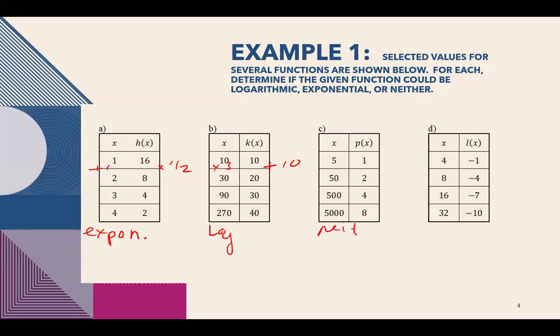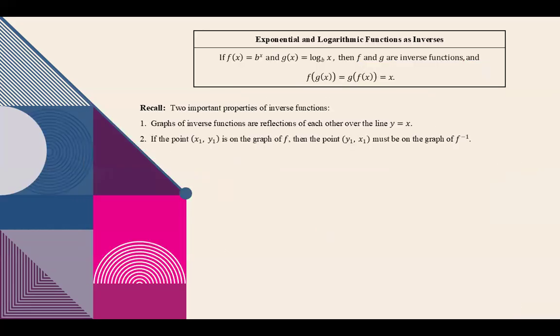Ooh, I didn't trick you. Perfect. And that's because both are being multiplied. All right, and then D. Log. Perfect. And why? Perfect. There we go. All right. Yes. Can we identify from a table? Geniuses. Moving on. All right, on to the next part.